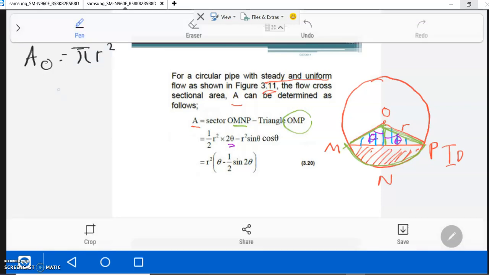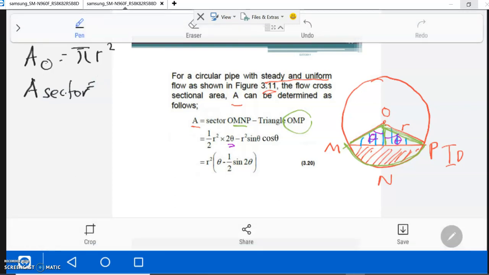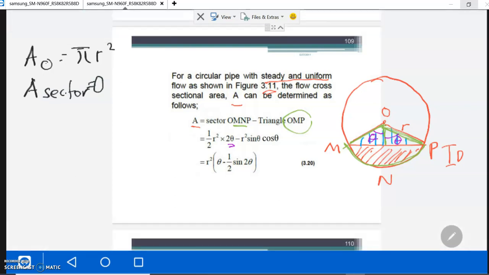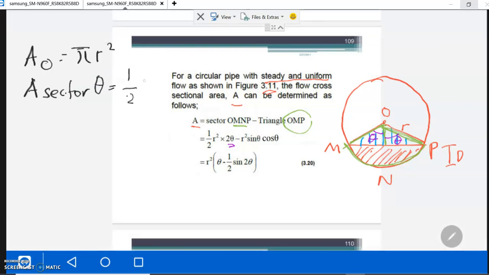How about area for a sector? Area for a sector theta. So theta means area untuk sektor yang ada sudut theta is half of the theta times r square.